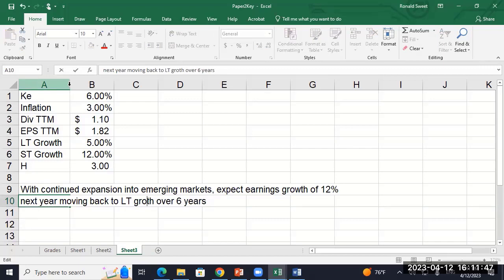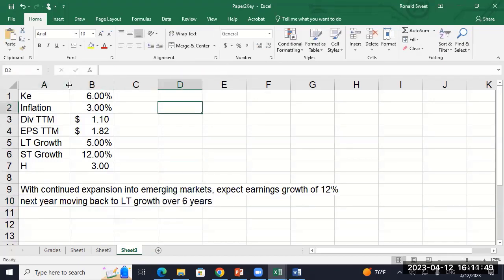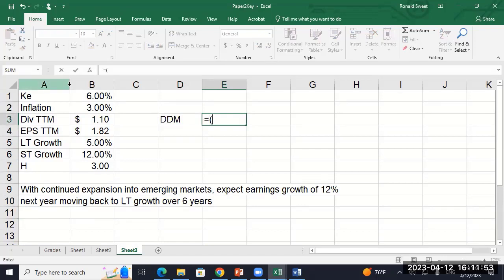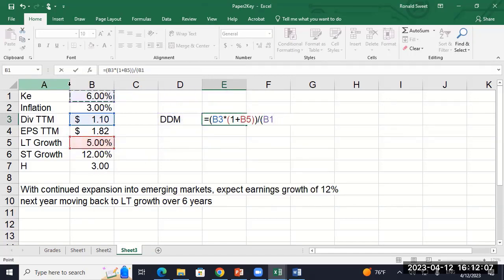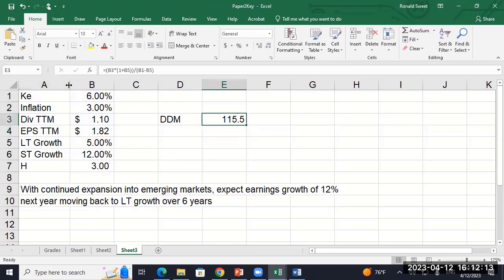So the dividend discount model, pretty straightforward. Dividend 0 times 1 plus long-term growth, divided by KE minus long-term growth. All right, I see that answer on one of ours.